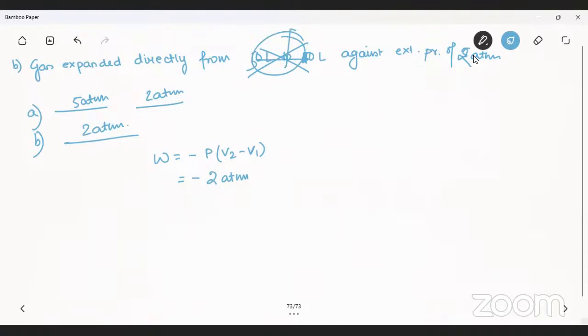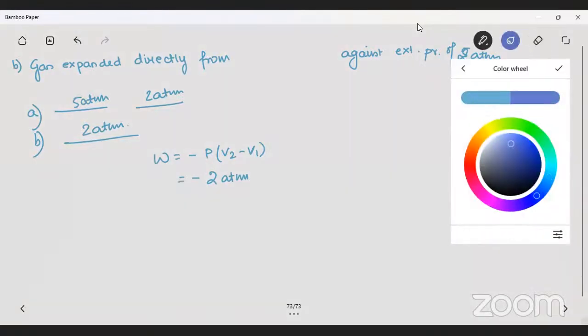You are asked to calculate the gas expansion directly. Whether it is 100 liter to 10 liter, whatever is given, this process will be the same. Whatever is given in the question, write that here, okay?